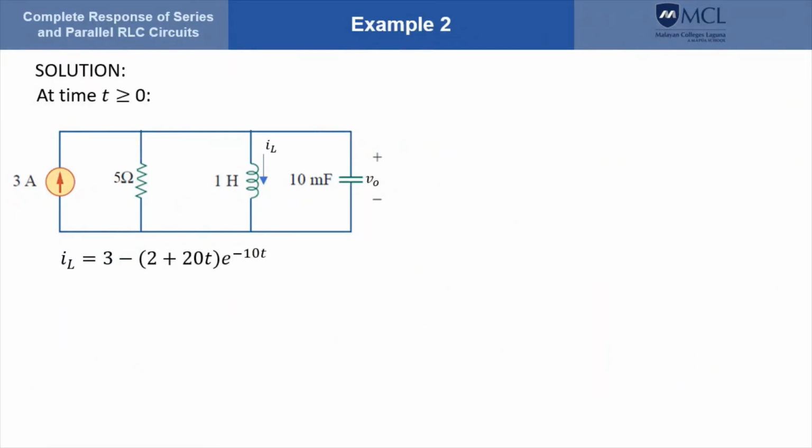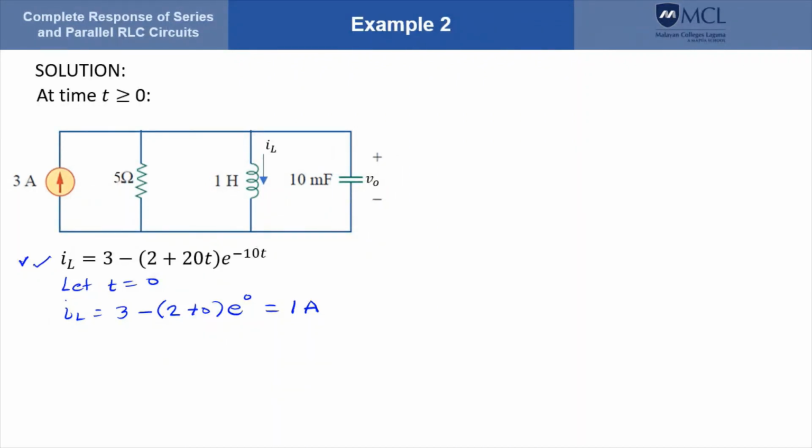Here's the final solution for I sub L. We can check the solution. If we let t equals 0, we will get 3 minus 2 plus 0 times e to the 0, and that will be 1 ampere. So it's the same result that we got when we computed the current through the inductor at t equals 0. Therefore, this must be correct.